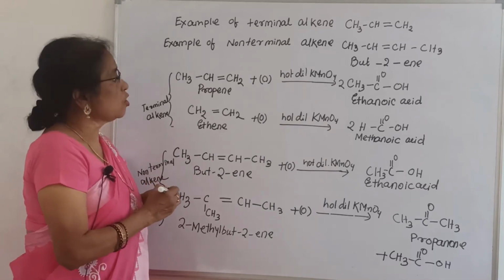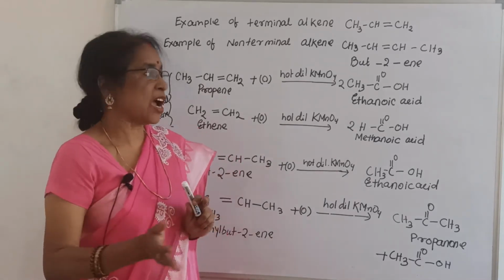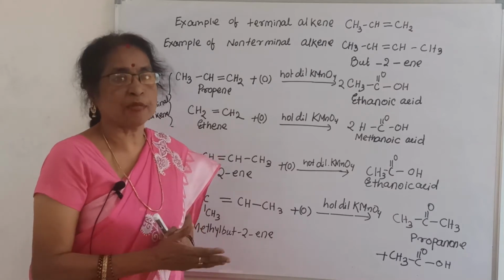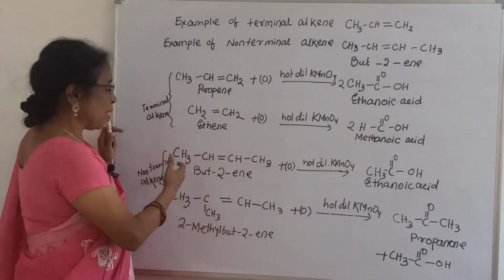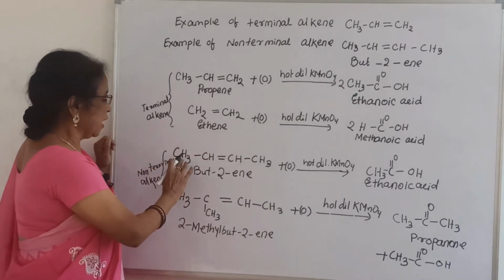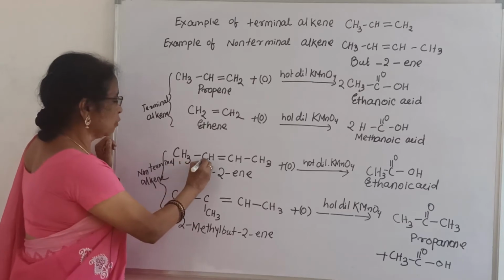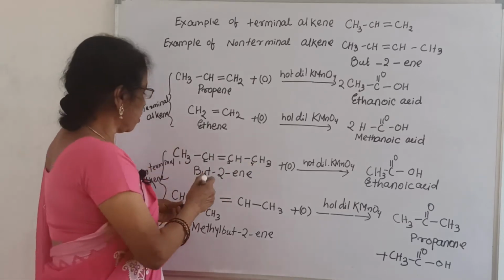Then come to the non-terminal alkene, where the double bond is not at the side, at the end of the structure, but maybe in the middle. So for example butene, here 1, 2, 3, 4. After 2 there is a double bond.